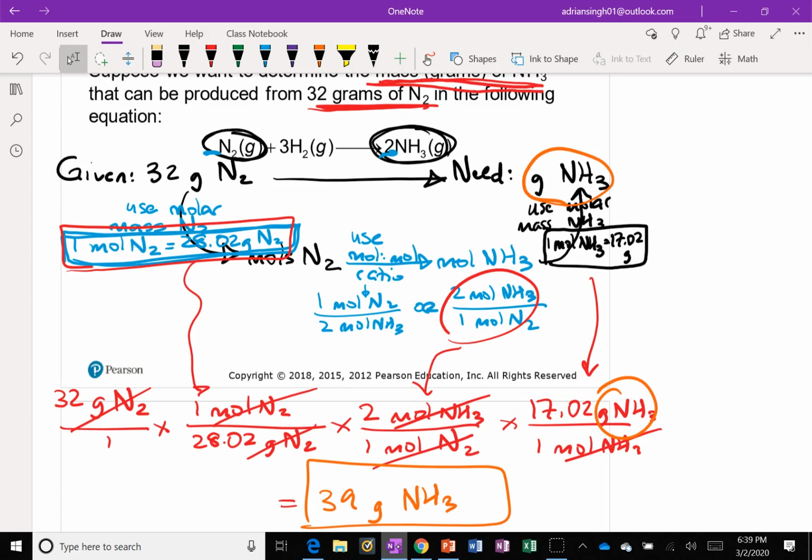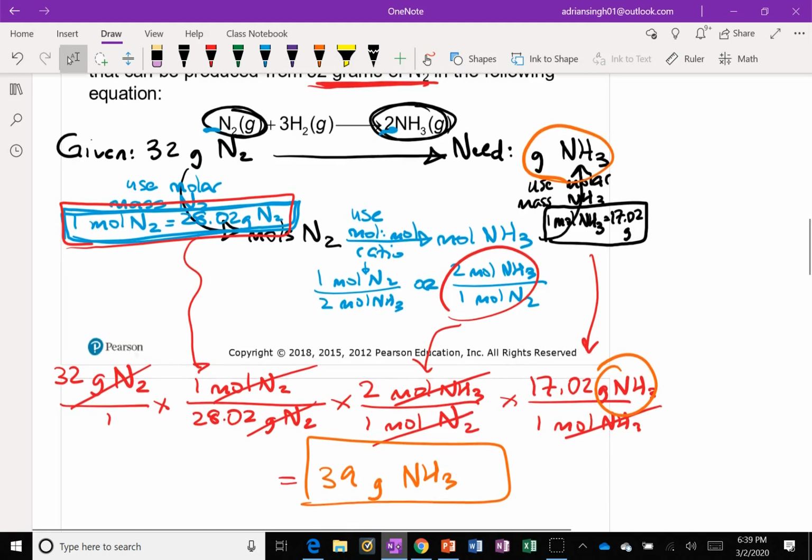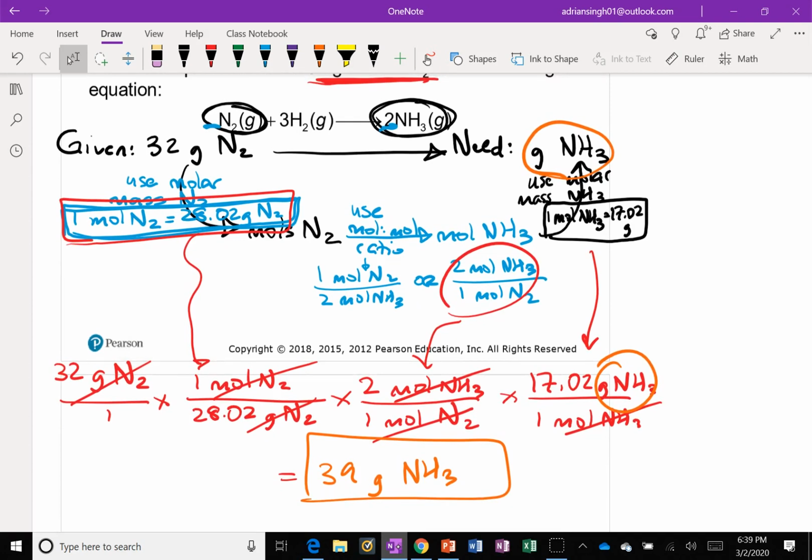We're doing a simple example here in class, but this is actually done on a much larger scale in any chemical industry that you can think of. Stoichiometry is at the heart of pretty much all chemical reactions. The other thing I want you to notice is that all we're doing, as we go from one step to the next, is changing the unit. We go from grams to moles, moles to moles, then moles to grams.